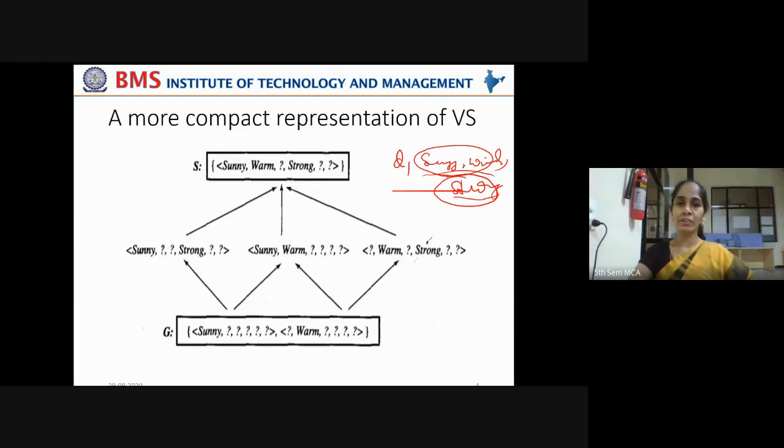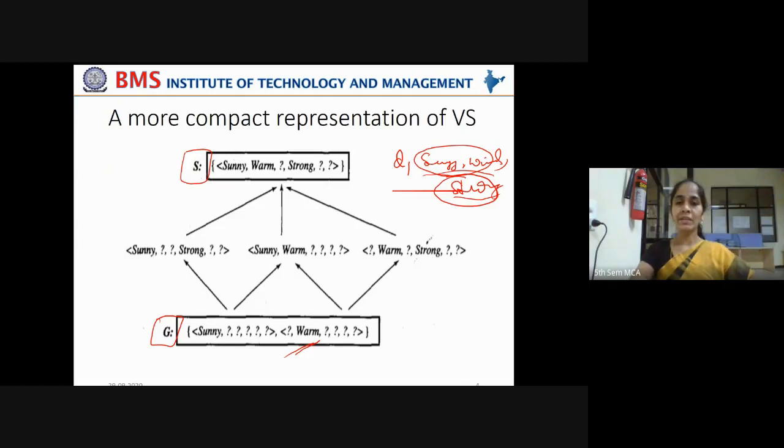So finally your version space will contain all the hypotheses which are consistent with the training examples data provided. Okay, this is the more general representation and this is the more specific representation. G is called the general boundary and S is called the specific boundary of the hypothesis. In this general boundary, we came across some hypotheses. I'll tell you how exactly we got these general and specific boundaries while tracing the candidate elimination algorithm.